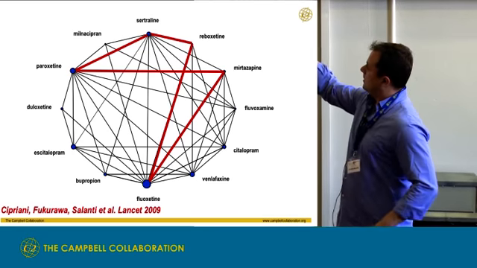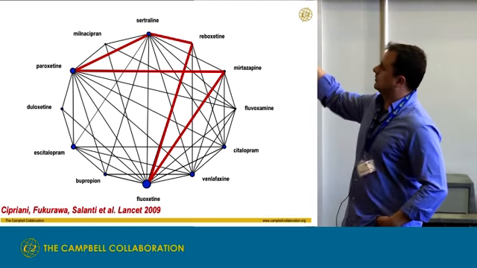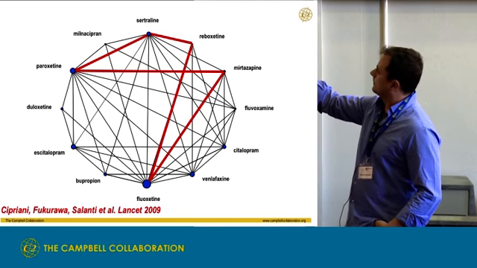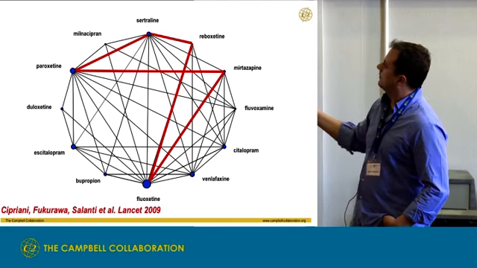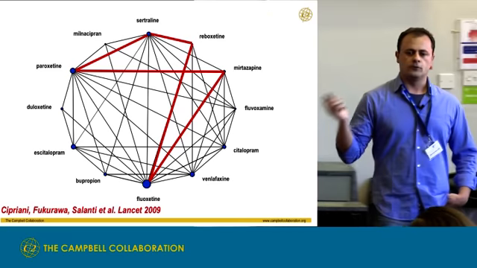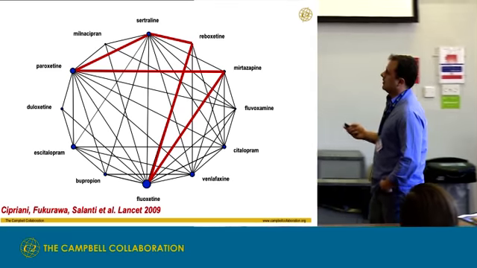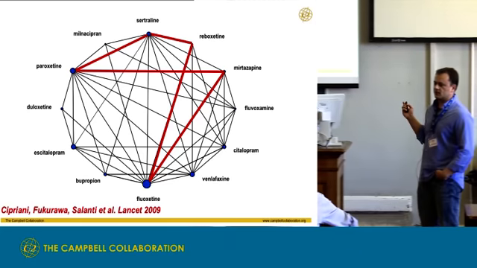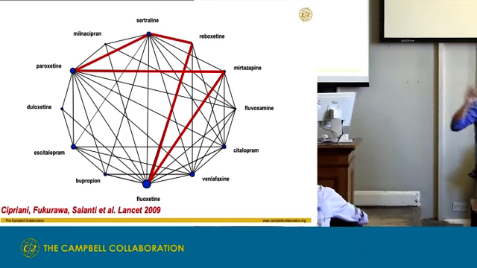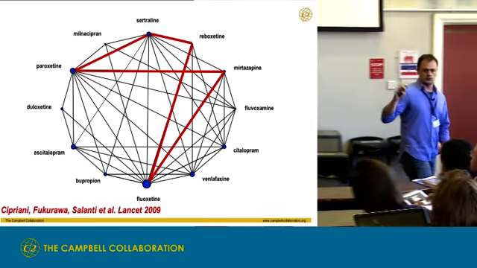So for example, I cannot go directly from reboxetine to mirtazapine here, but I can go indirectly through fluoxetine. And I can find other indirect routes. I can go to sertraline, paroxetine, and then mirtazapine. And you can see that there are lots of different routes that you can get.